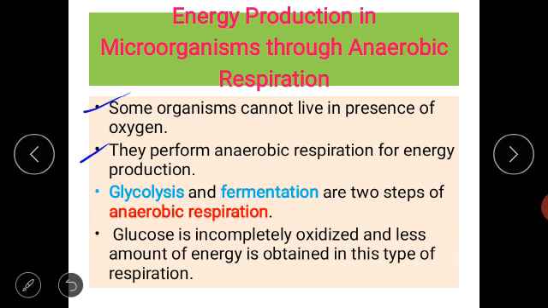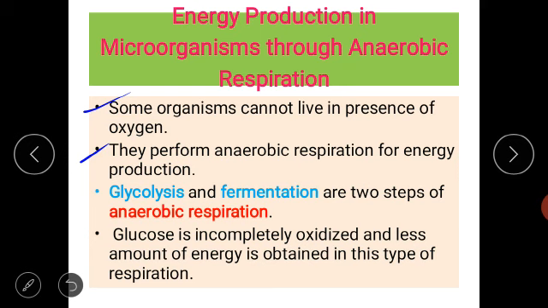Glucose is incompletely oxidized and a less amount of energy is obtained in this anaerobic respiration.